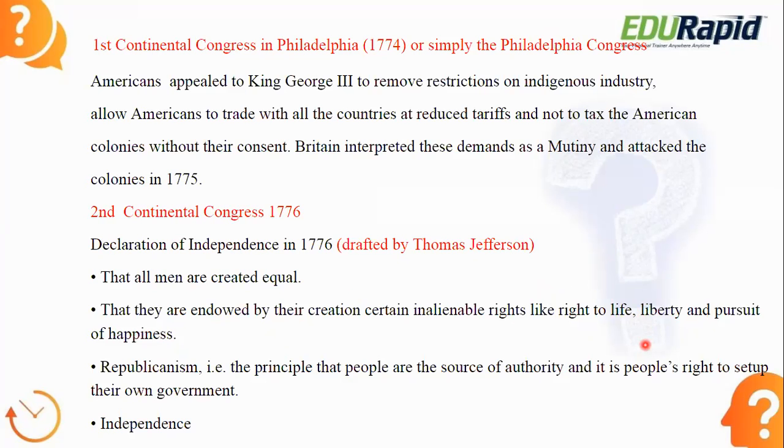Okay, next, republicanism. So what does republic mean? Anybody let me know in the comment section. What is a republic? India is a republic country, right? So what does republic mean? Anybody? We have been studying that India is a republic country from class 1, right? What is a republic? Anybody?